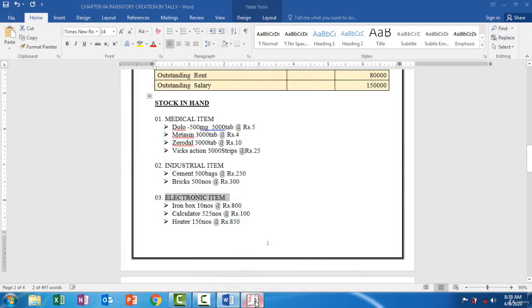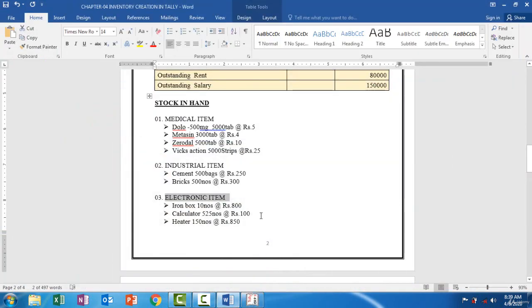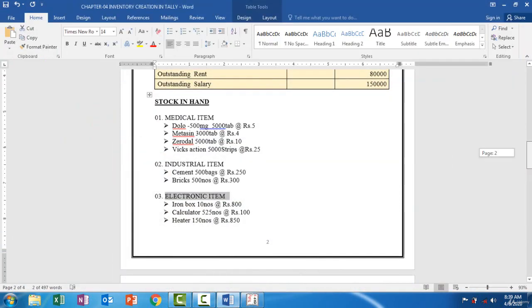Next one is numbers, so I'm going to enter numbers, so the formal name is number, then decimal place 0, then accept yes. So now we have entered the unit of measures.